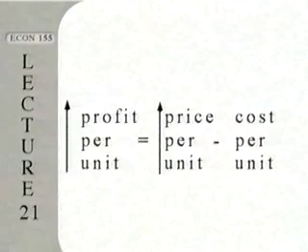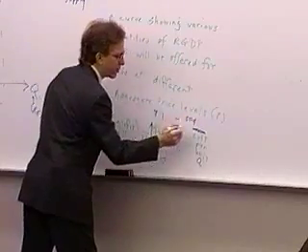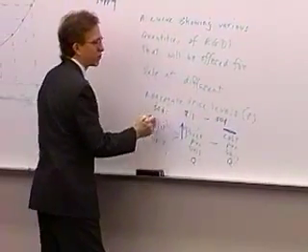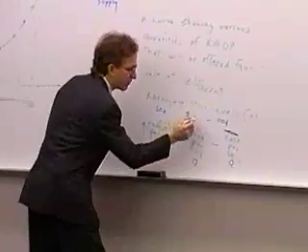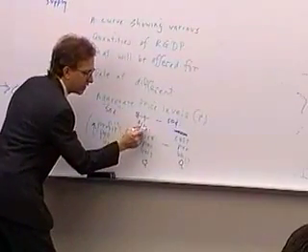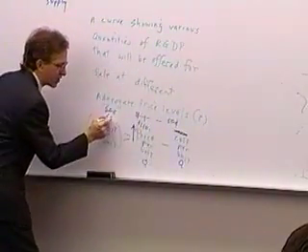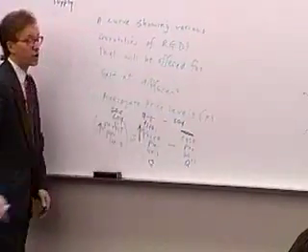If we started off charging, let's say, $1, and the cost per unit is 50 cents, we had a profit per unit of 50 cents. These are just for illustration. But if the price goes up to $1.10, now profit went up to 60 cents because those costs don't change by very much.